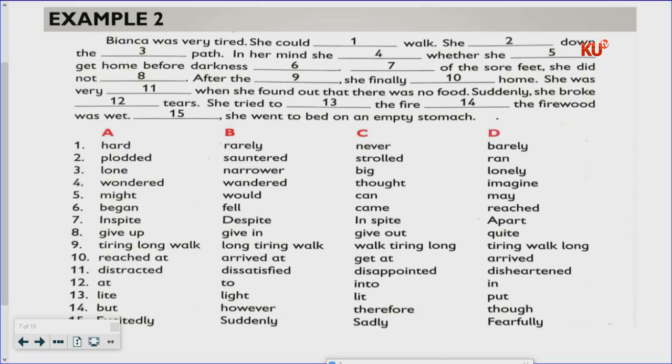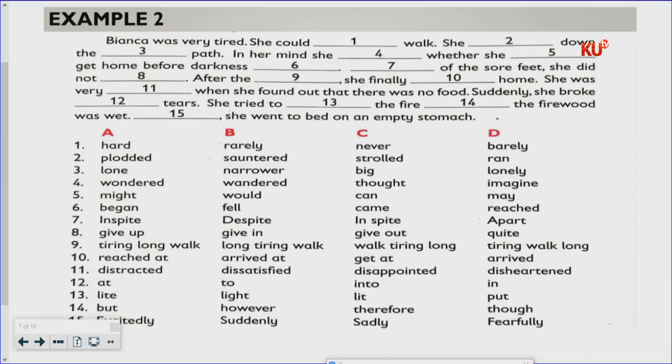She was very dashed when she found out that there was no food. Suddenly, she broke dash tears. She tried to dash the fire. Dash the firewood was wet. Dash, she went to bed on an empty stomach.